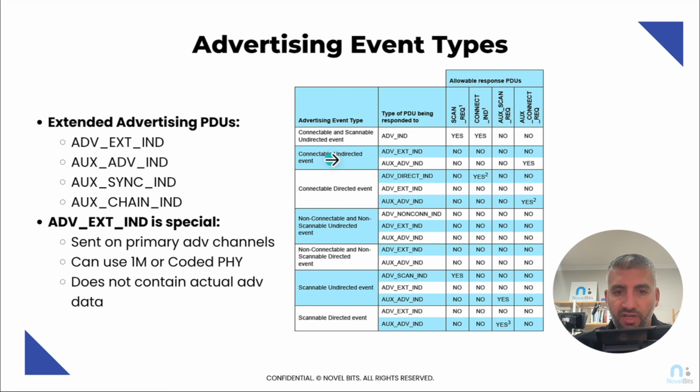However, you can have a connectable undirected event, and in that case, it still uses AUX_ADV_IND. Even the connectable directed event still uses that, and you'll see it repeated here. And the way this works is that instead of having a specific PDU type assigned to each of these, there's data in the packet itself that indicates which one of these the packet is.